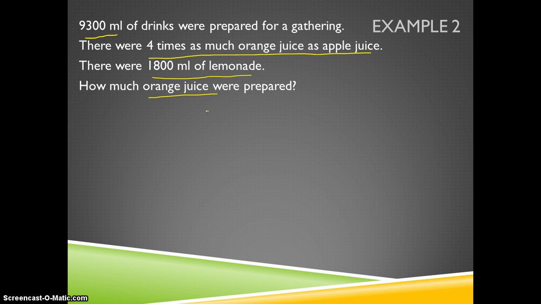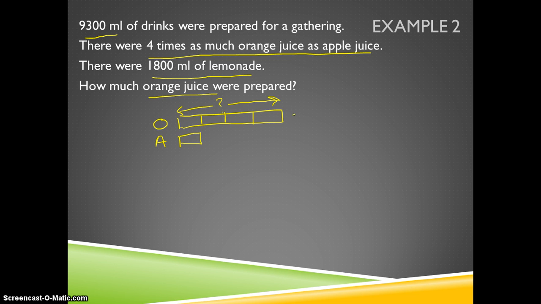So again, we use a model to help us. I know orange juice is 4 times, so it's 1, 2, 3, 4 times as compared to apple juice. So apple juice is just 1 unit. Now I am looking for this, because this is what my question is asking: how much orange juice was prepared.